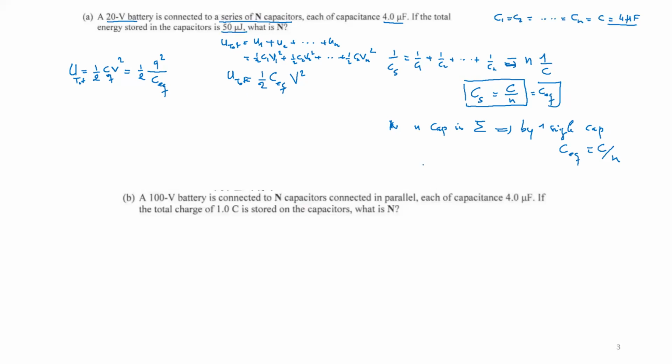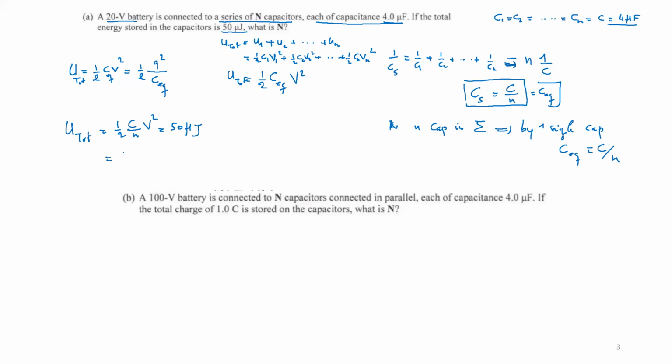Okay, the N capacitors are identical and each of them has a capacitance of 4 microfarad. Okay, so U total, as I said, is just half C equivalent, which is C divided by N, multiplied by V squared. Okay, and this is equal to 50 microjoules.